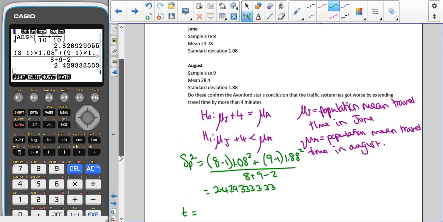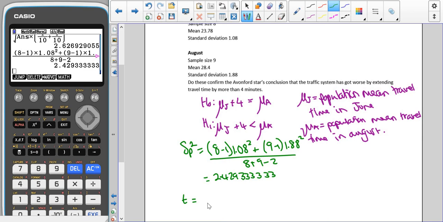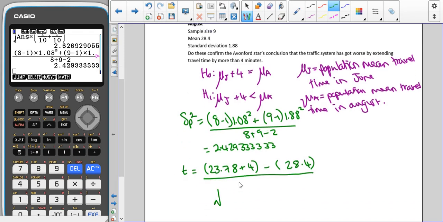So we're going to have, moving the μA to the other side, μJ, which is 23.78 plus 4 minus 28.4, still divided by the square root of our Sp squared, 2.429333333, times 1 over N1 plus 1 over N2.